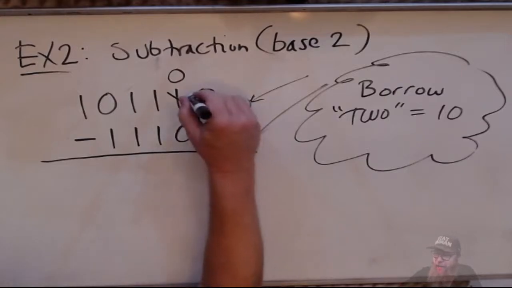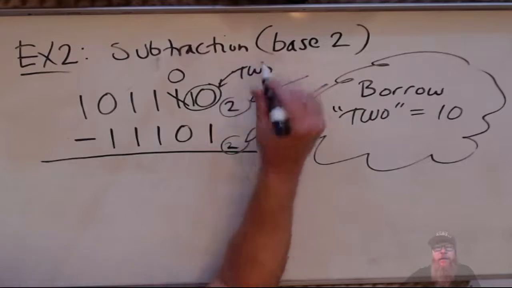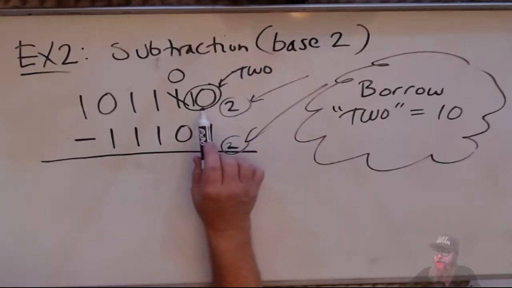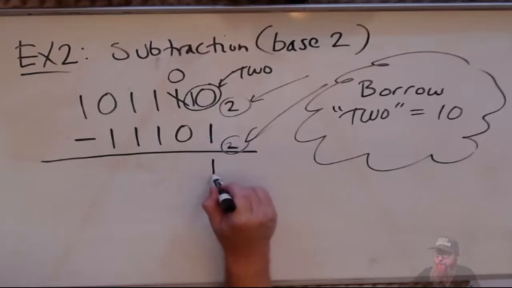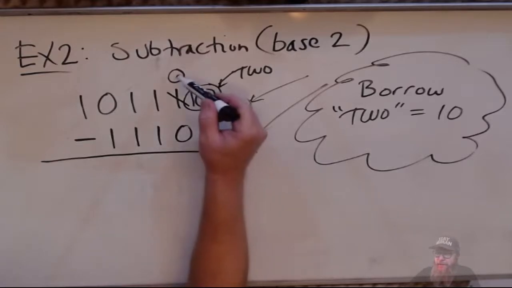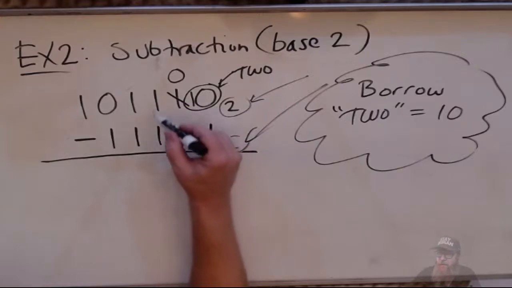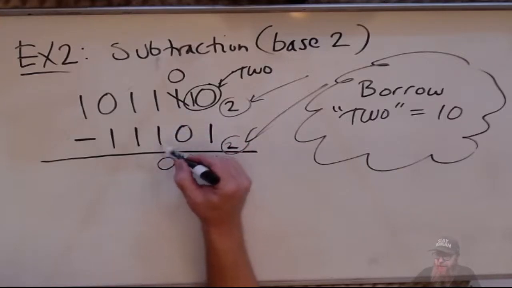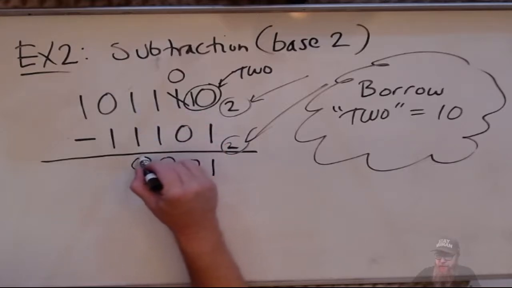And so this is now going to become a 2. It looks like a 10, but it's a 2. So 2 minus 1 is 1. All right. 0 minus 0, that's 0. 1 minus 1, that's 0. 1 minus 1, that's also 0.